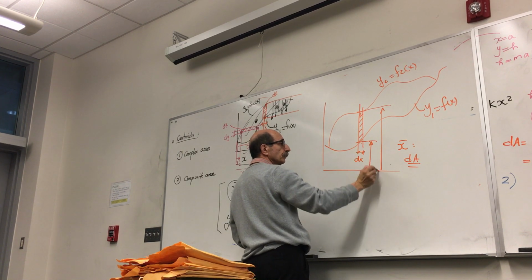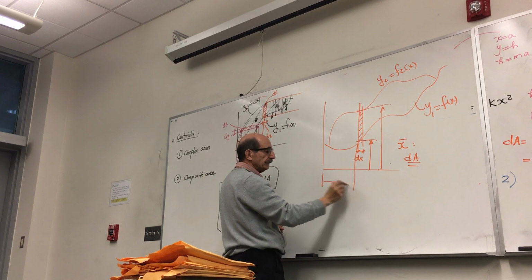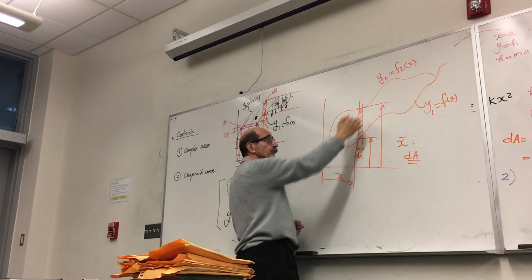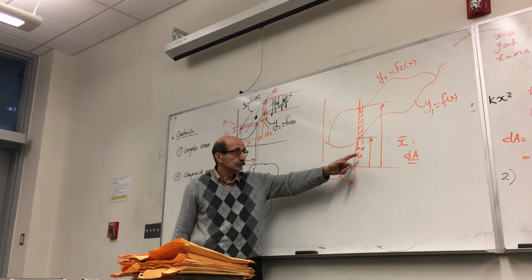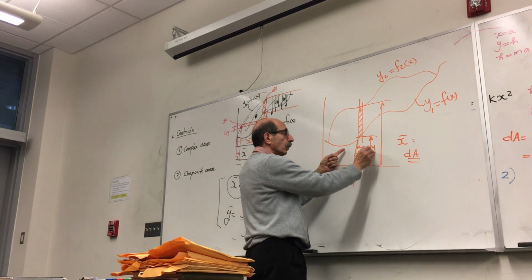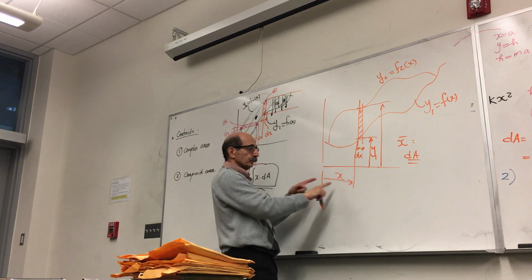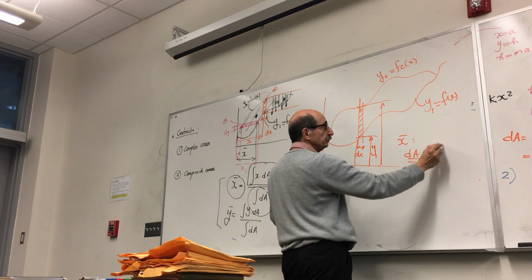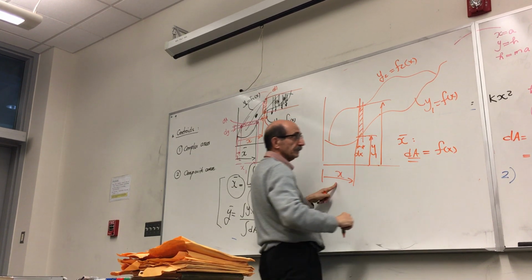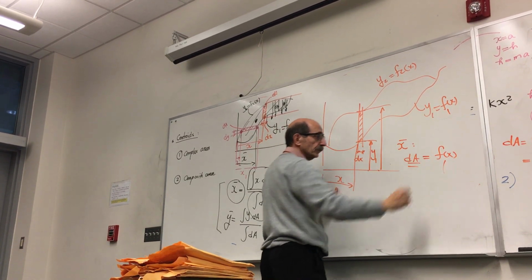But what are these two? These are the values of these two functions evaluated at point x. So this is y1, for which you substitute x, basically f1 of x.